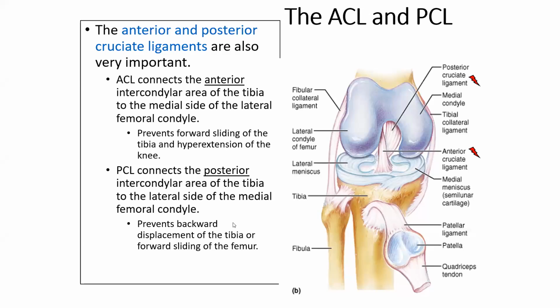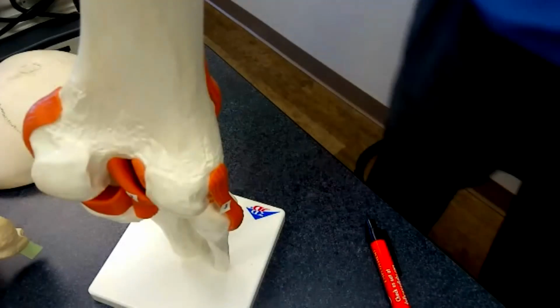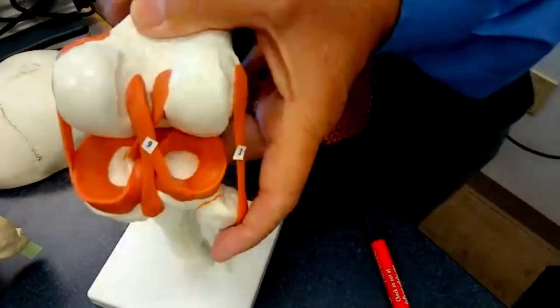The PCL attaches to the back of that intercondylar area, on the posterior surface between the medial and lateral condyles, and attaches to the lateral side of the medial condyle. It gets confusing, doesn't it? So, here we go. Here's our PCL.